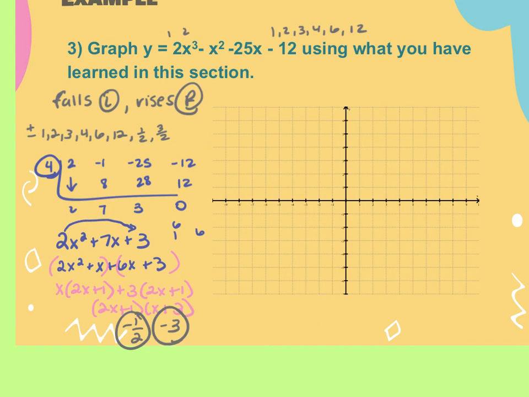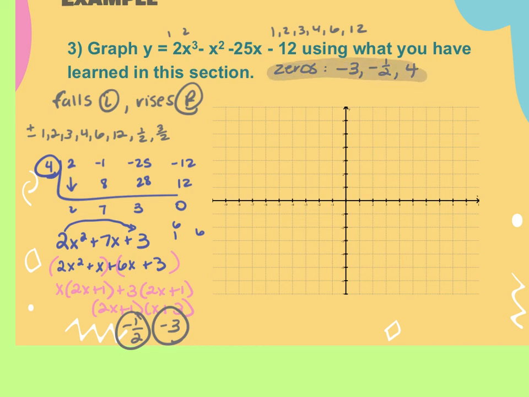And there's my other two roots. So my zeros are -3, -1/2, and 4. The multiplicity of all being 1.